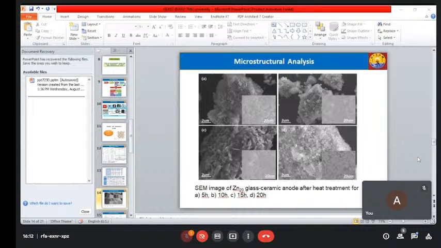From DTA analysis, we came to know the glass transition temperature, the crystallization temperature, and the melting point temperature. So in between the glass transition temperature and the crystallization temperature, we heat that glass powder.